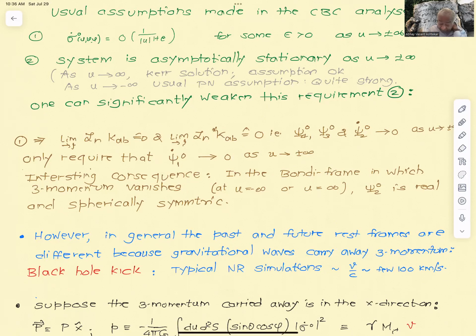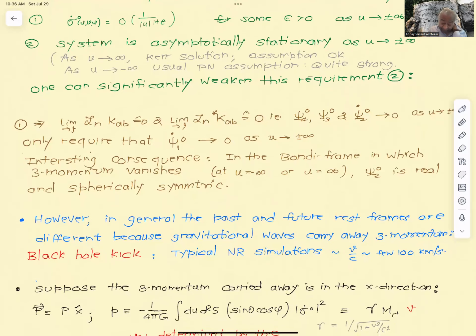But at minus infinity, this is an assumption that we're making, that the system is such that asymptotically psi1 dot goes to 0. In this sense, it is asymptotically stationary rather than stationary before some time. But it's also much weaker because we're not making any statement about psi0 and so on. Whereas here, psi0 dot would also be 0 before this particular time.